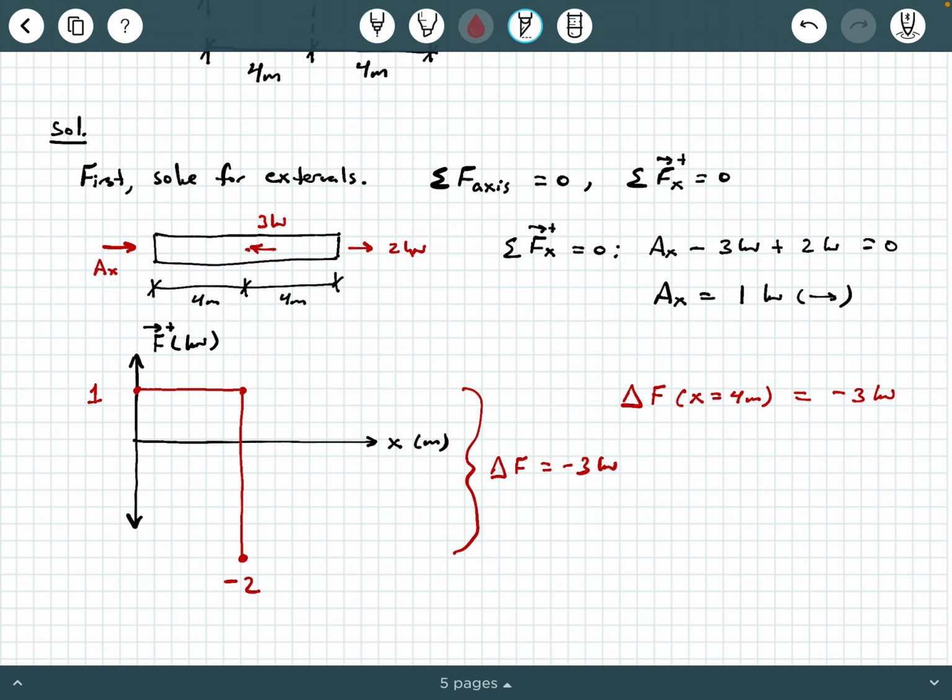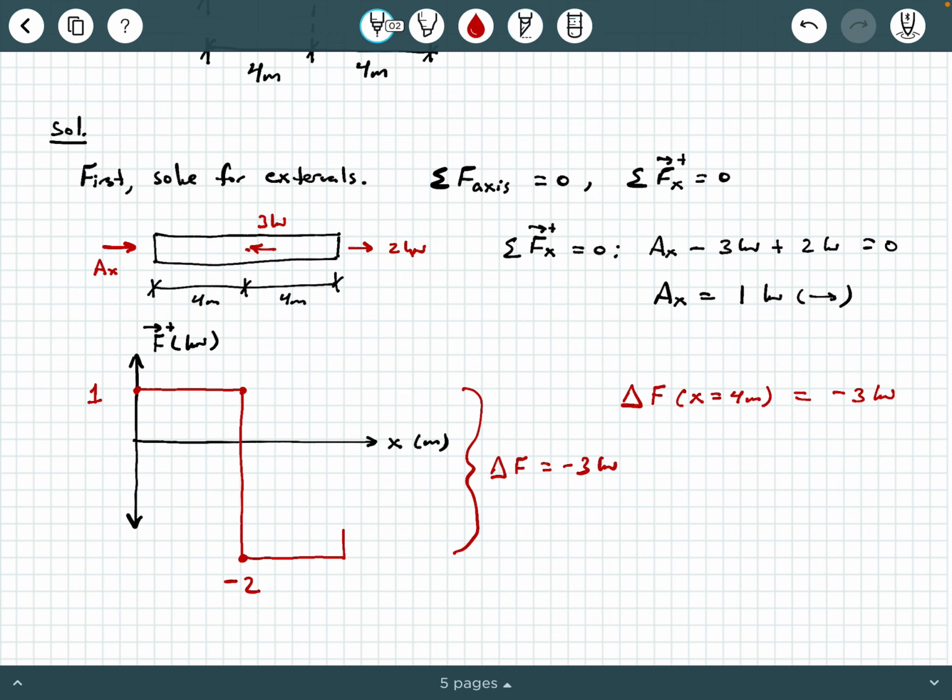Now, what happens between x equals 4 and x equals 8 meters? Well, nothing. There's nothing in between there, which means that our plot stays constant. Okay? And then what happens finally when we get to the end of the member here? We encounter 2 kilonewtons pointing to the right. Well, that's going to do what?